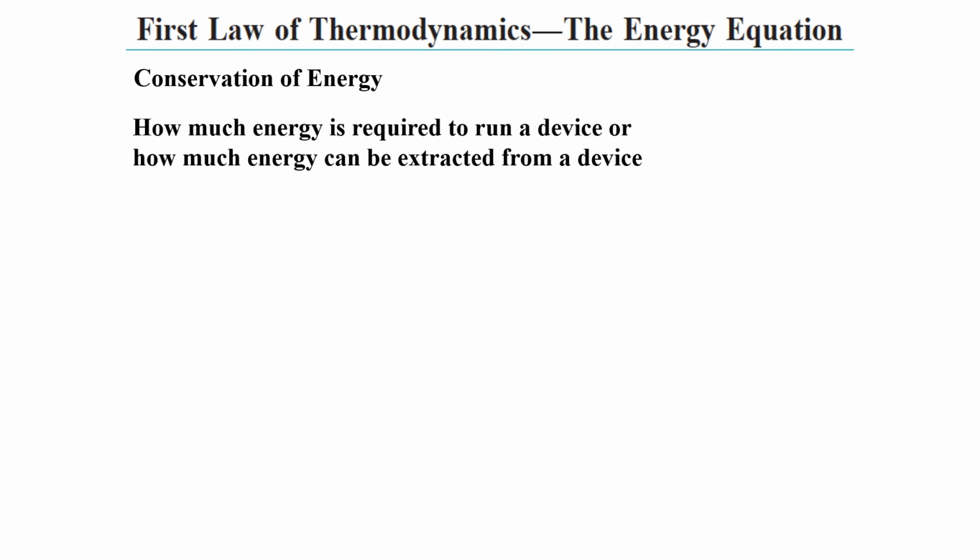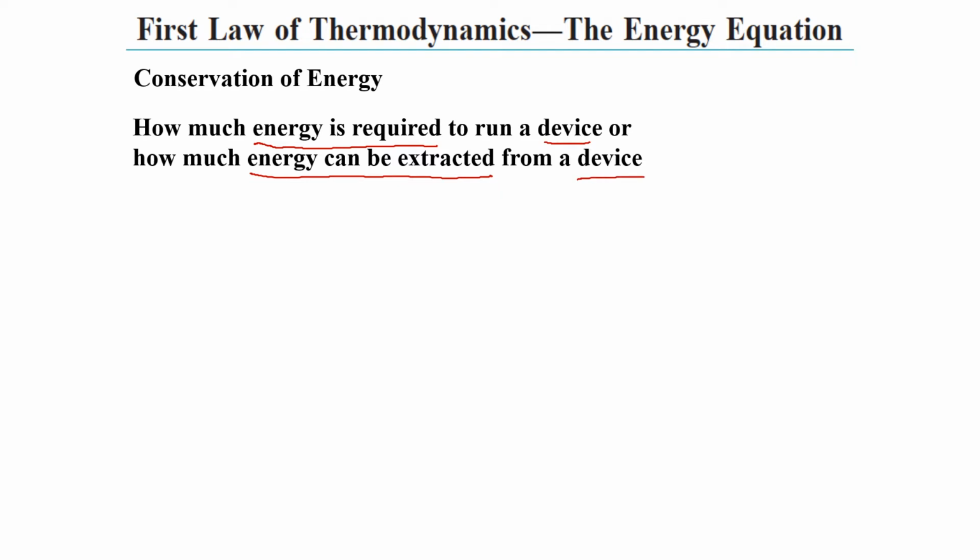We'll use it to determine how much energy is required to run a device, or how much energy can be extracted from a device. By using the Reynolds transport theorem and the first law of thermodynamics, we can determine these two crucial elements, the energy required and the energy that can be extracted from a mechanical device.